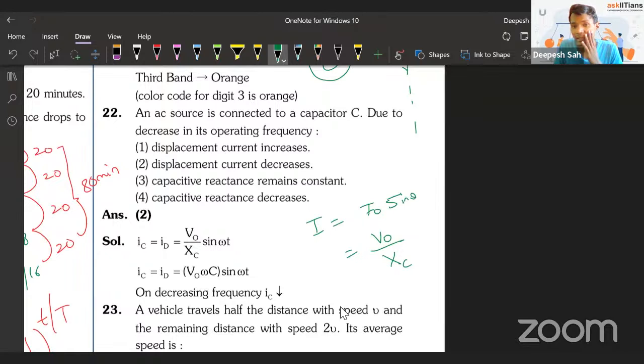Resistance is XC, and XC can be replaced as 1 by omega C, which will come out as V naught omega C. So finally, if you decrease the frequency, the value of current will also decrease. Okay, very important.